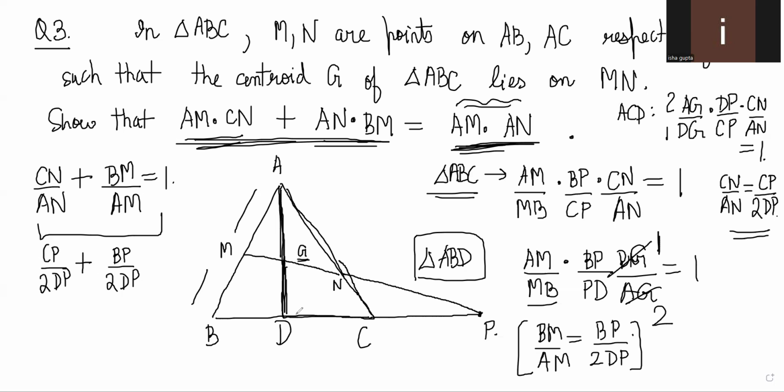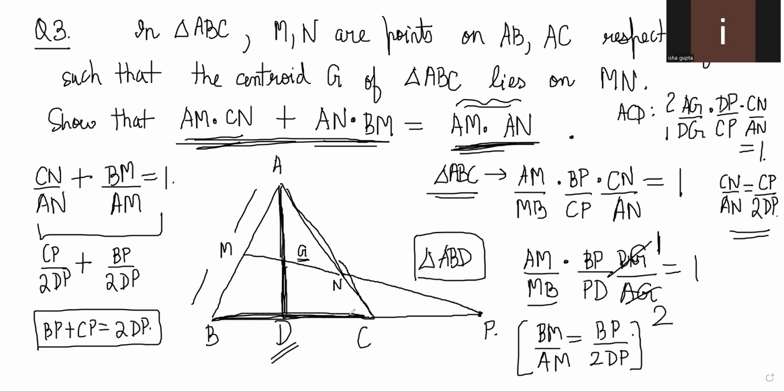And BP plus CP by 2DP I'm getting, right? So I have to show that BP plus CP is somehow equal to 2DP. That's what I have to show. But D is the midpoint of BC, no?